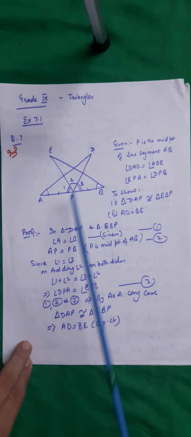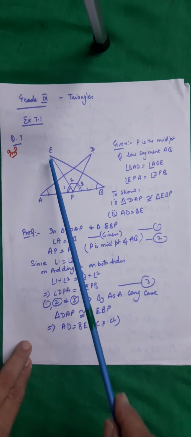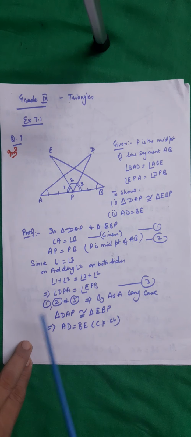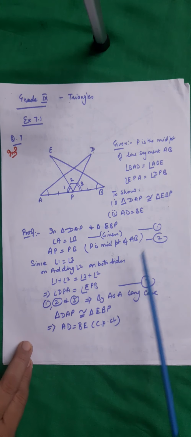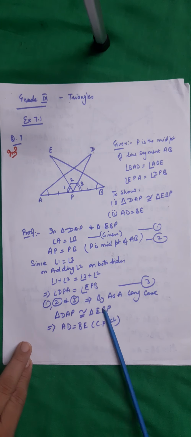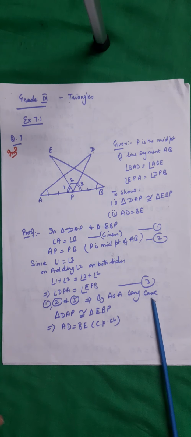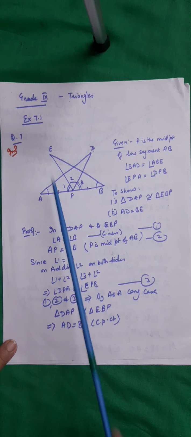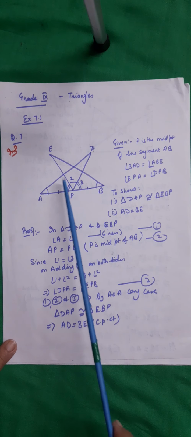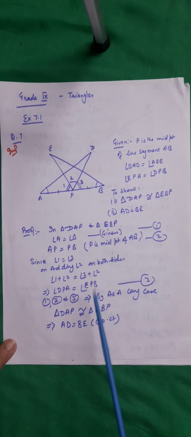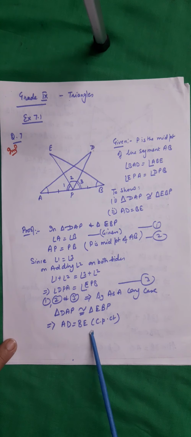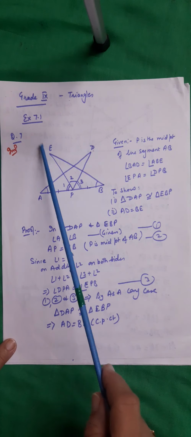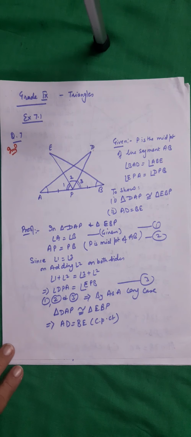That means angle DPA will be equal to EPB. Now, number 1, 2 and number 3, they imply that by ASA congruency case, triangle DAP is congruent to EBP. Since they are congruent, so we can say that AD is equal to BE by CPCT.